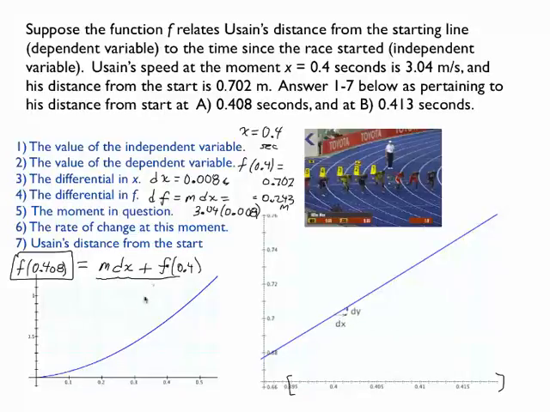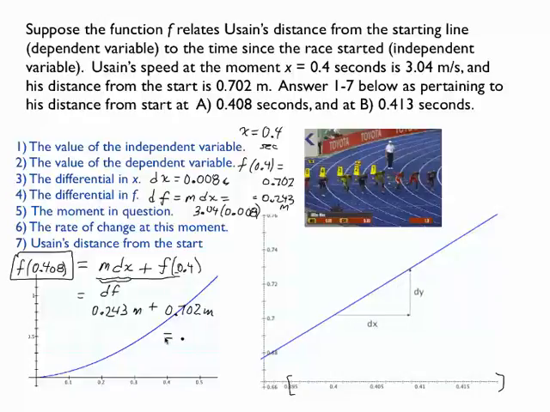Okay, his initial distance at the start of that interval plus the change in distance. Okay, and that M we calculated. This is DF, and that DF is 0.243 meters plus f of 0.4 is 0.702 meters.